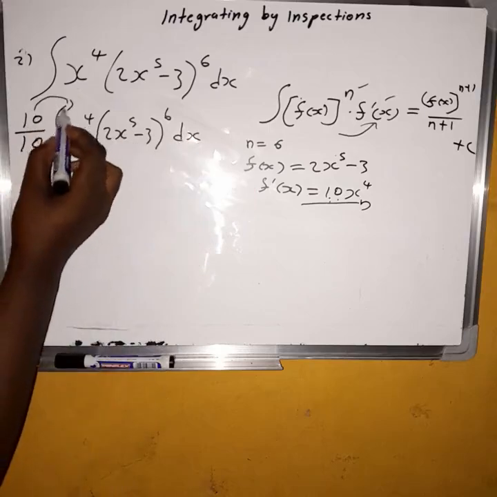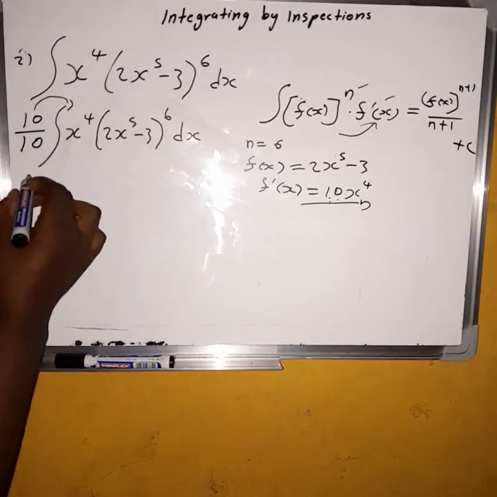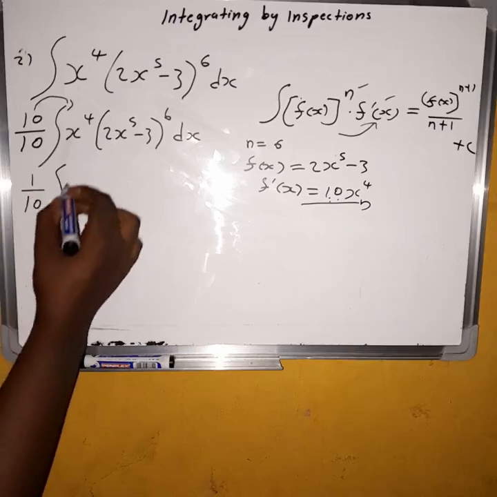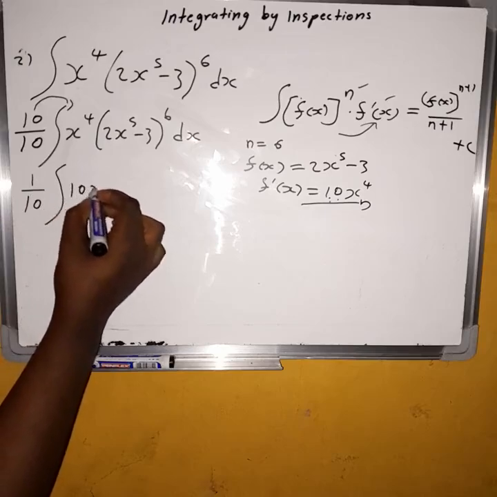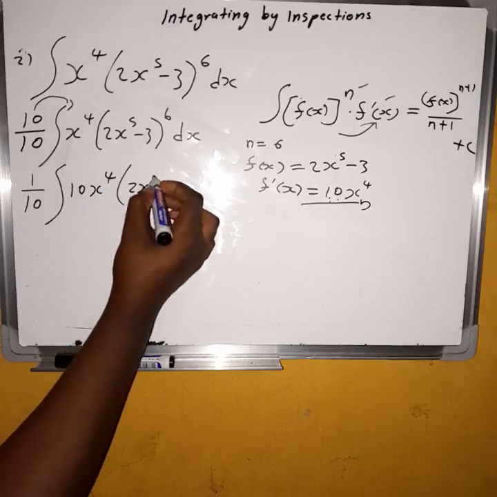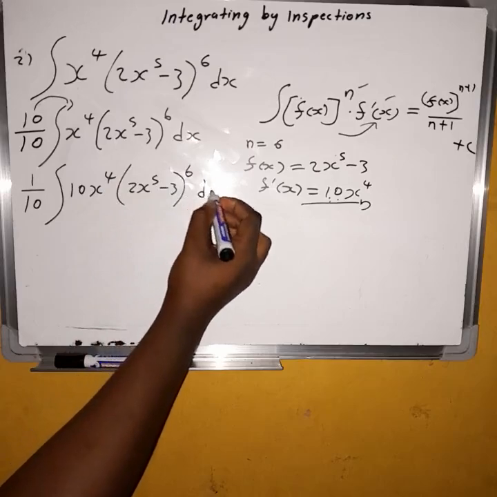Take this 10. When you multiply by that 10, you'll have 1 over 10 times the integral of 10x raised to the power 5 minus 3 all over.